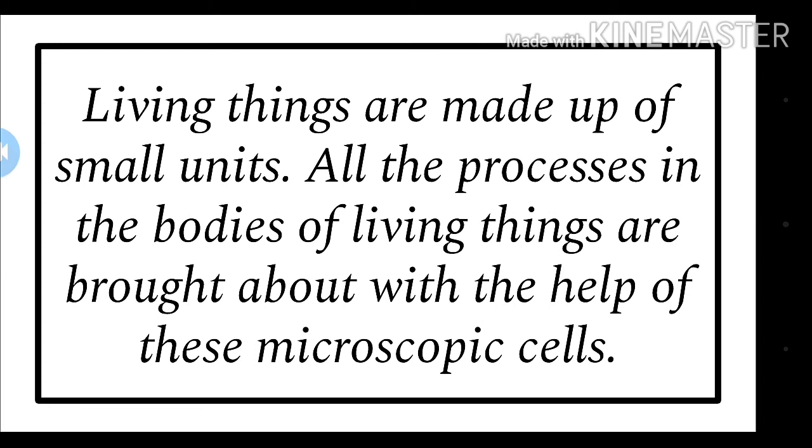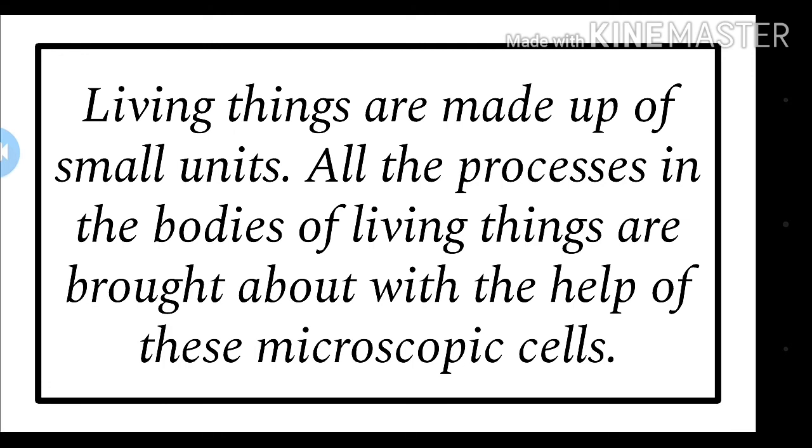All the processes, that is, all the functions in the bodies of living things are brought about with the help of these microscopic cells, the small units from which the body of living things is made.